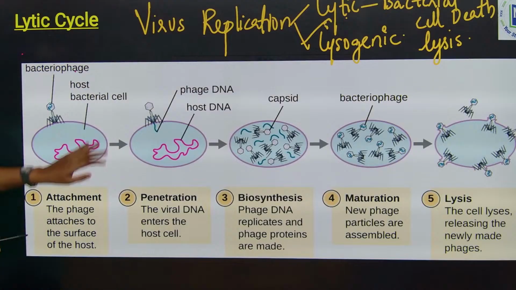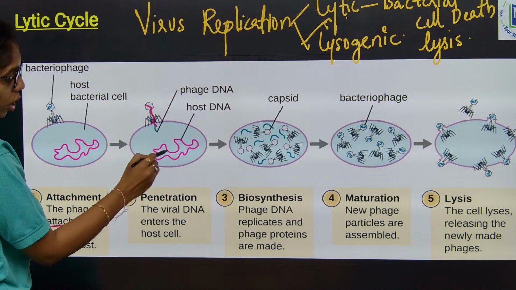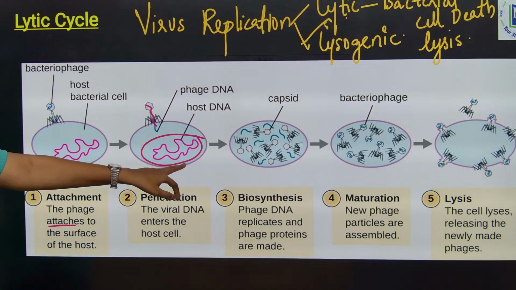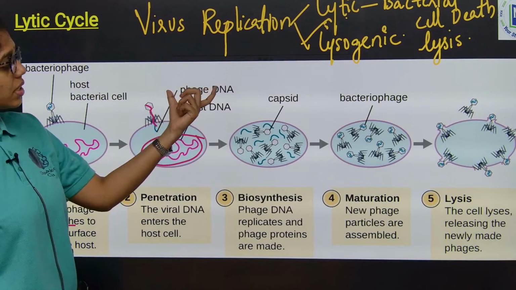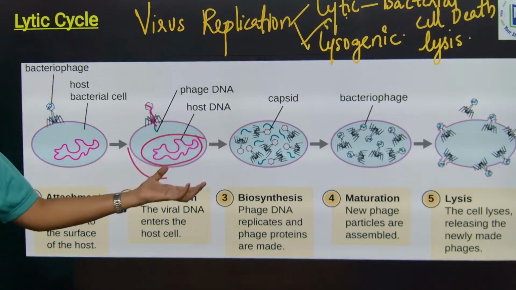First, attachment of bacteriophage on the bacterial cell. The phage attaches on the surface of the host cell. The next is penetration of the genetic material into the bacterial cell. Phage DNA and the host DNA. Now phage DNA will be replicating, utilizing the complete metabolic machinery of the bacteria.